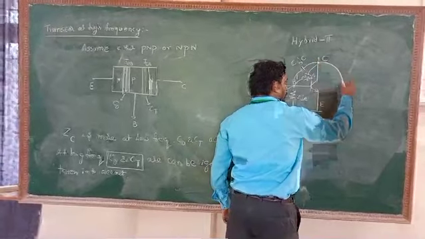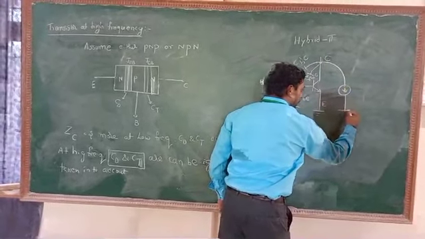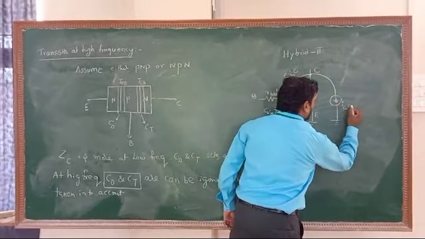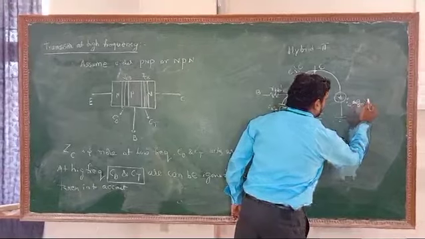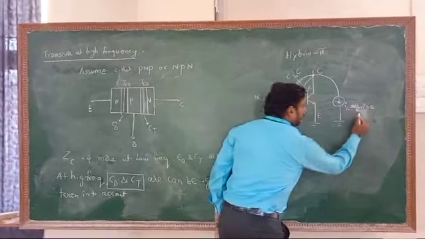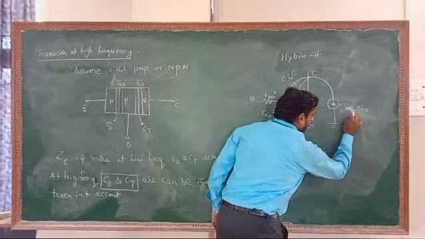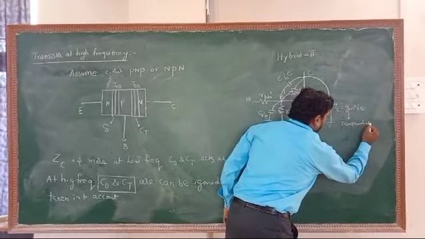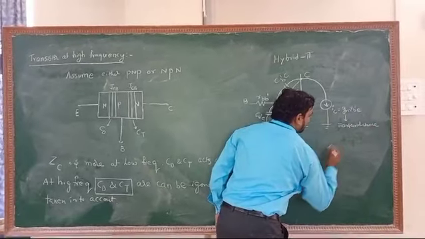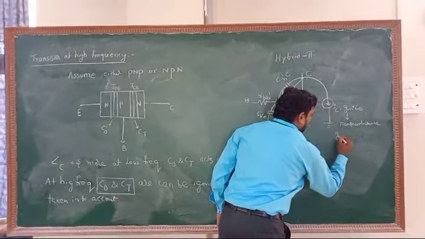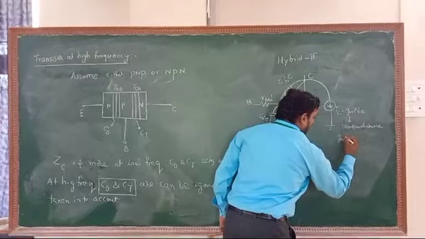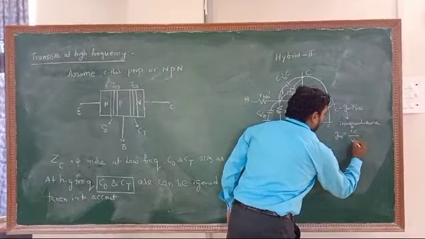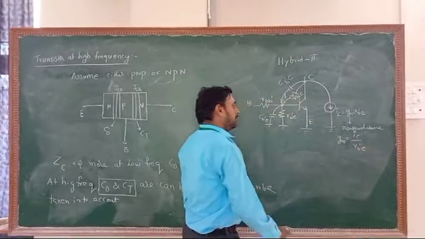The output current is the collector current. It can be represented by Ic equals gm into Vb'e, where gm is called transconductance. Transconductance can be defined as gm equals output current by input voltage.